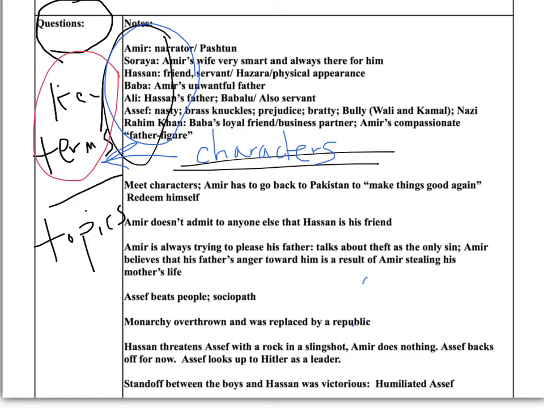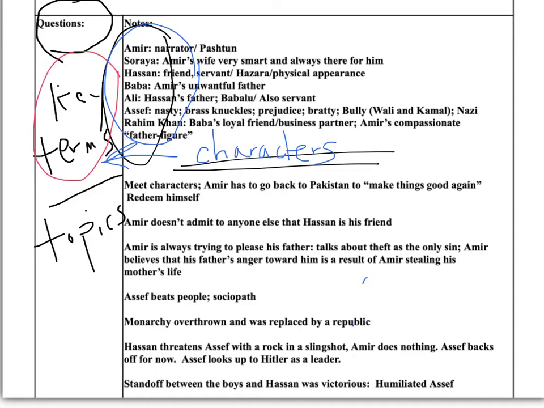They're almost like the slave type of race or person, the socioeconomic level that they were facing, and they were identified by their physical appearance because they had very flat noses compared to the Pashtuns. So those are the kinds of words you want to use to identify characters.